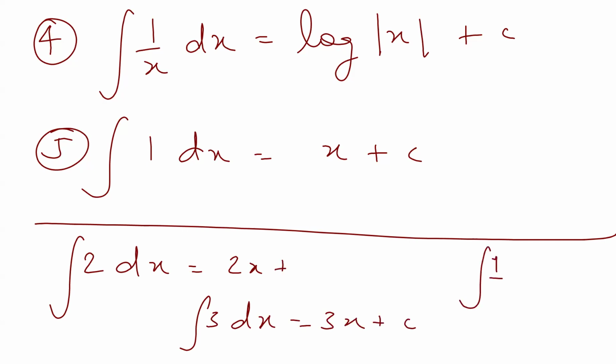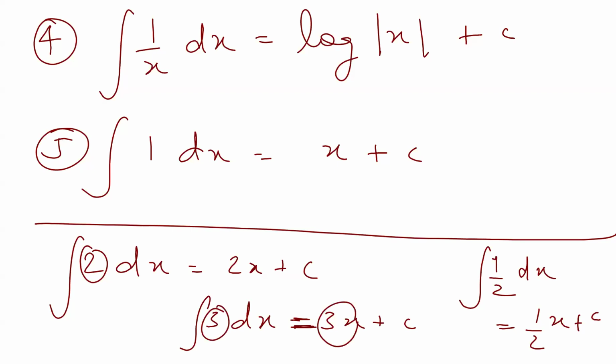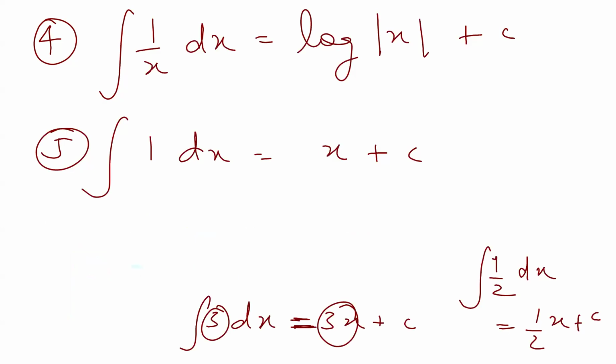Integration of half dx is equal to half x plus c. Now that plus c thing I will just explain, don't worry. So if a constant is there, you have to attach x to it. 3 will be 3x, half will be half x. So integration of a constant is not zero. Derivative of a constant is zero.